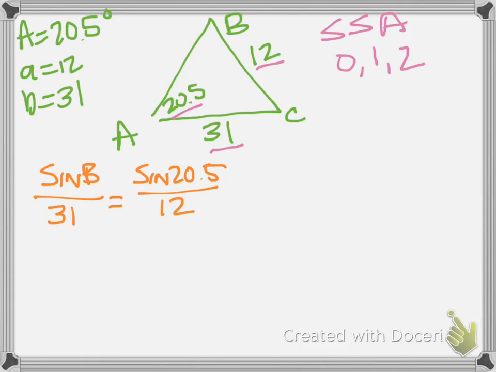Looks like I'm going to take both sides and multiply by 31. Multiplied on that side I also multiply by 31. So those cancel out. That's going to leave me with the sine of B is equal to 0.90.